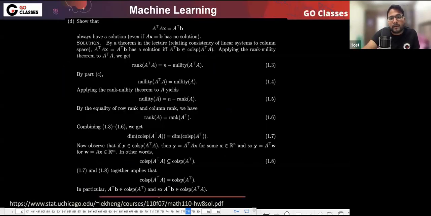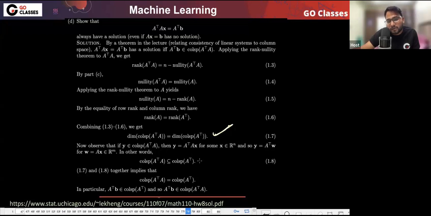So if you want, you can read this particular screenshot also. Basically, they are proving that both have the same column space. The things are exactly the same as what we have followed. They will first prove that ranks are equal, or maybe they have proved that nullity is equal, whatever.